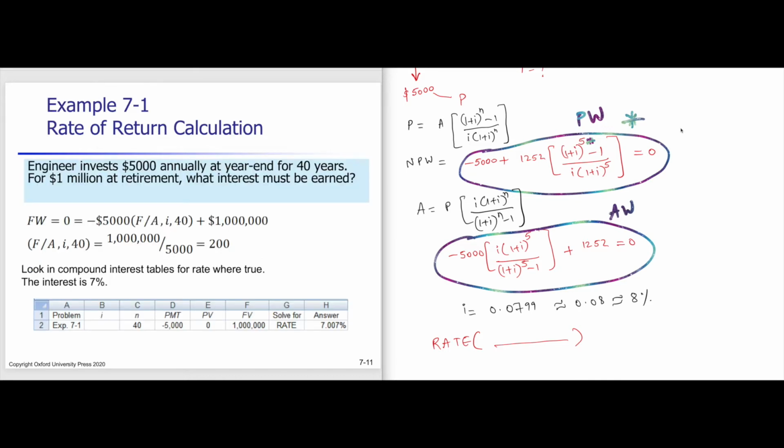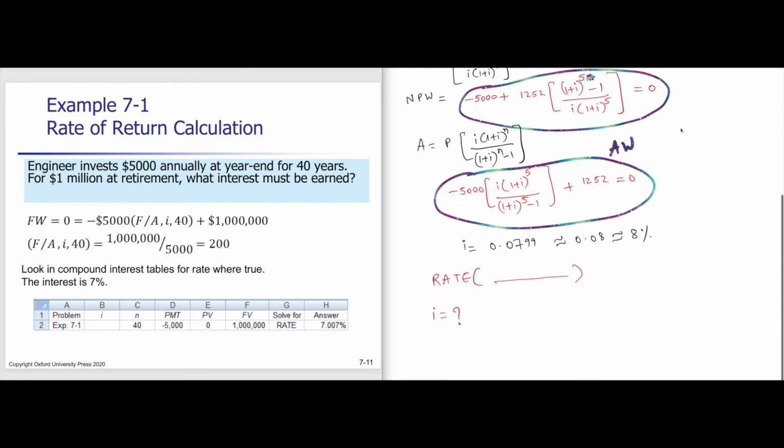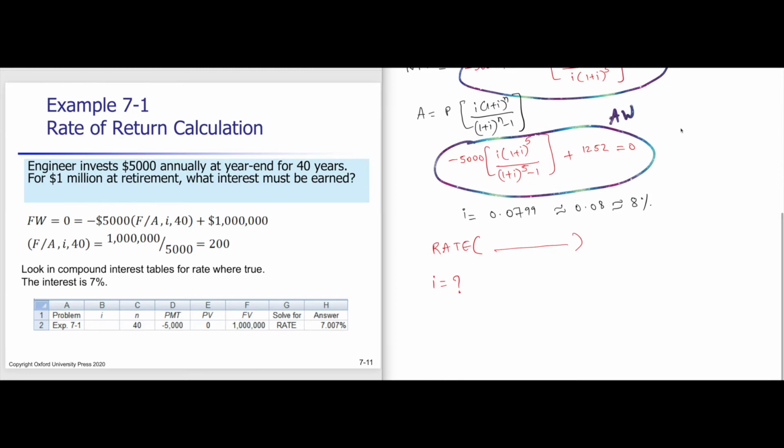So all the problems are pretty much on the same concept, a similar idea. I'm going to ask you, what is I? If I ask you what is I, you have to use different approaches to find out how to calculate I for a given cash flow.